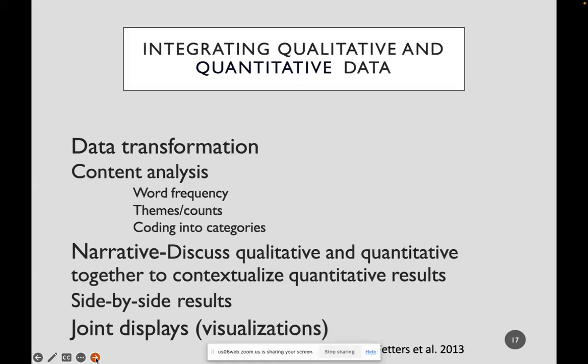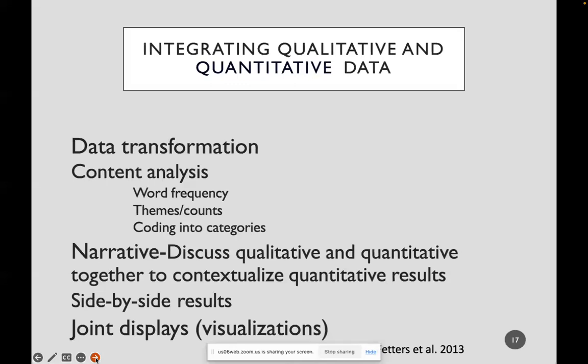In data transformation, you're really taking this qualitative information and using something like content analysis to code those conversations, right? You're using word frequency, themes, or word counts, and you're coding the narrative into categories that will fit in with your quantitative data.